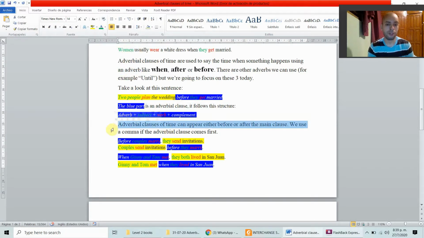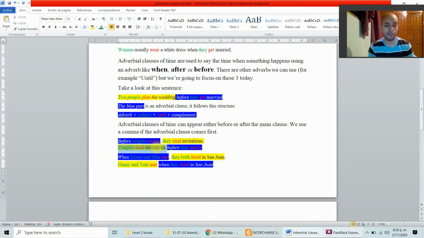So adverbial clauses of time can appear either before or after the main clause. If the adverbial clause comes first, we use a comma. For example, here the adverbial clause is first. Before couples marry, they send invitations. Notice that we use a comma here after the adverbial clause of time. And this is the same sentence, but with the main clause at the beginning.